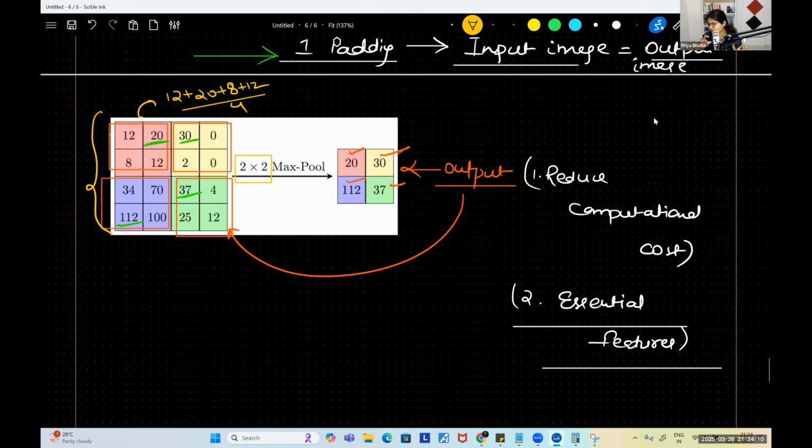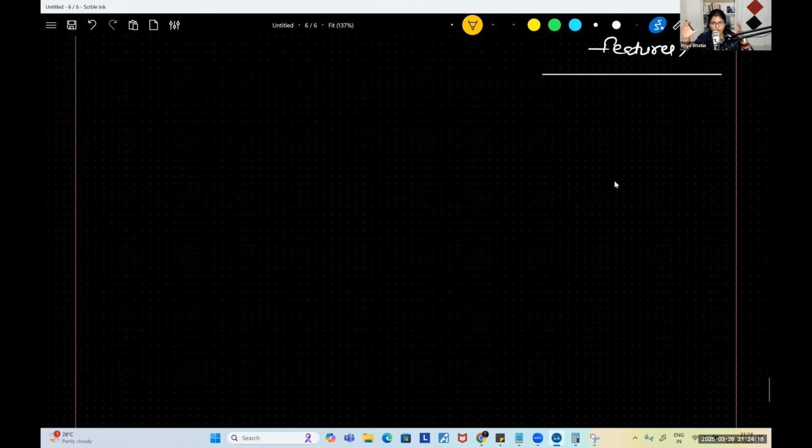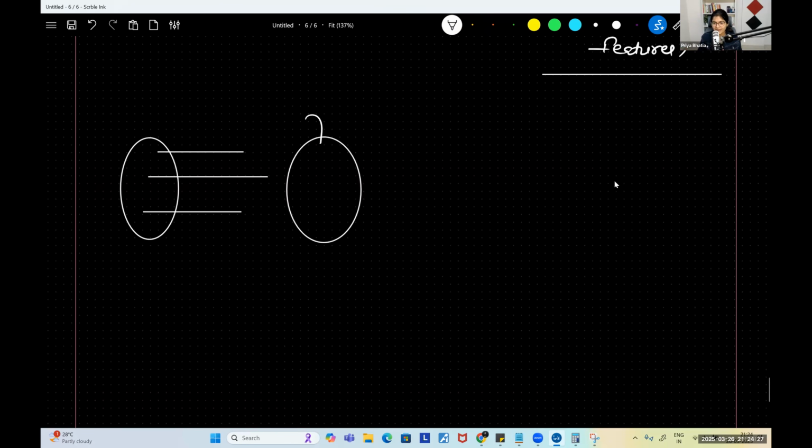I have already explained this question: why there is a need to make sure the input and output image sizes are the same. When you have bigger, complex architectures, you might have the input image available. From this input image, you apply the internal architecture and get some output image.